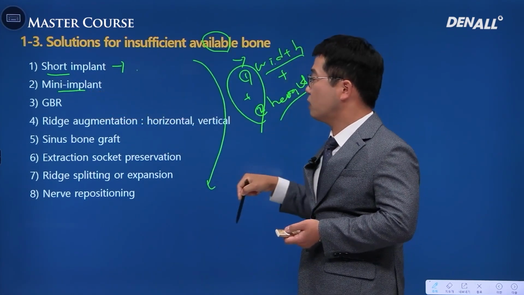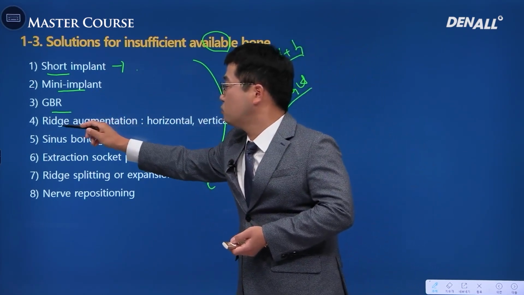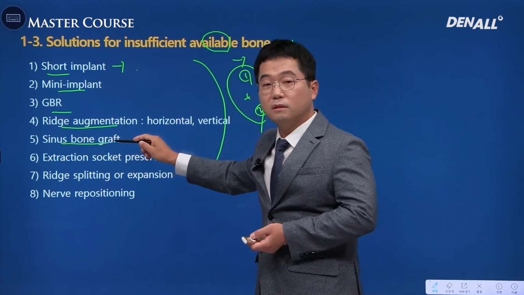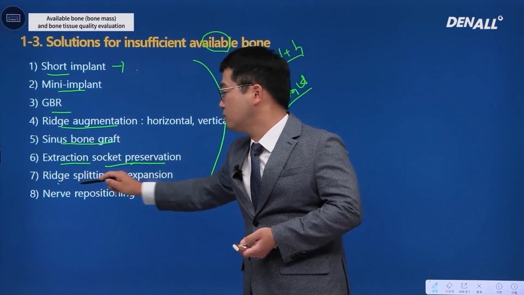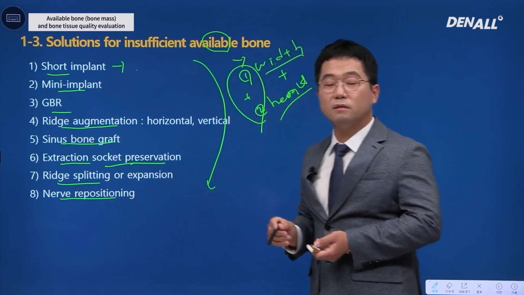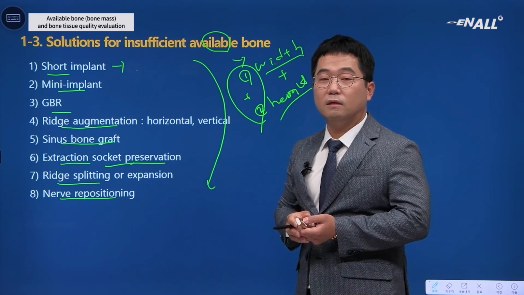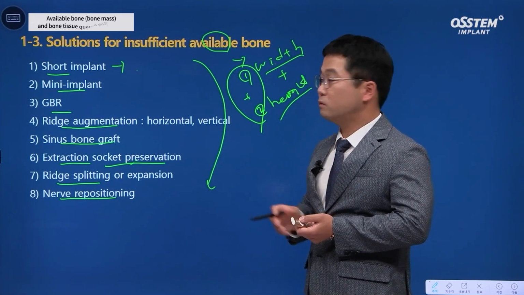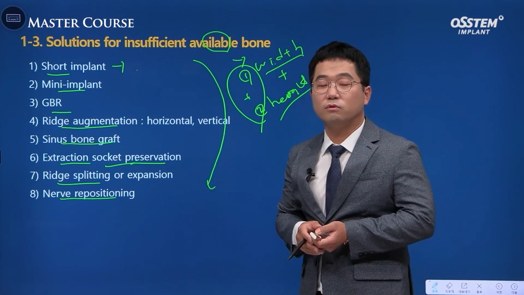We can use these methods to solve lack of available bone. Methods include ridge augmentation, sinus bone graft, socket preservation, ridge splitting, or nerve repositioning. Various methods can be used to overcome insufficient bone. These will be addressed in depth in a lecture on surgery.